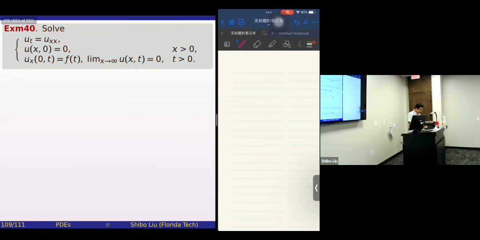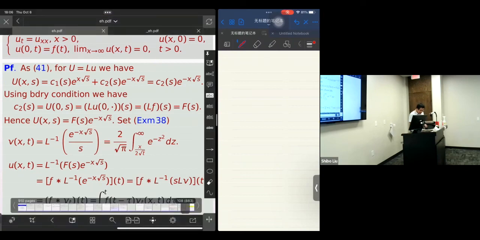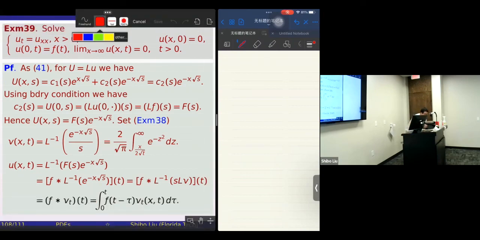Okay, now we consider another example. Compared with the next example, it is almost the same, except that in this example, on the left end point of the rod, we prescribe the temperature u(0,t) equals f(t).